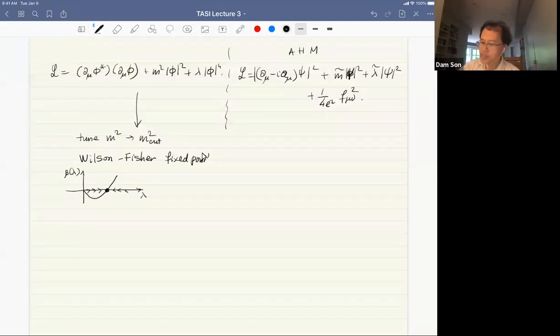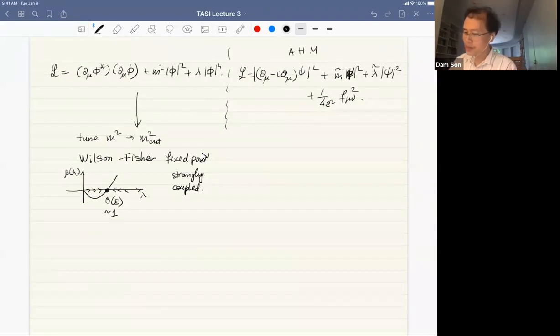In the epsilon expansion, that is of order epsilon, but in our physical world, this is of order 1 because epsilon is 1. So intrinsically, this fixed point is a strongly coupled fixed point. So on this side of the theory, the left side, it's a non-trivial theory.